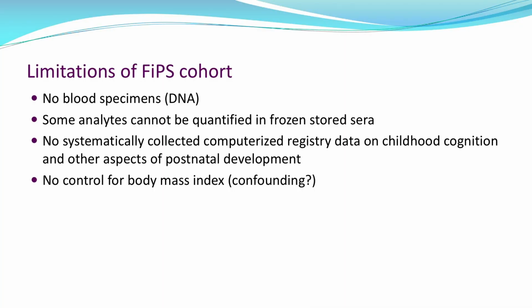So the FIPS cohort is not a perfect cohort. We don't have blood specimens, so we can't look at DNA. There are some analytes, as I mentioned; we have had difficulty looking at cytokines in the frozen stored sera, but there are many things we can measure. For all the environmental toxins, we've gotten very high recovery rates. As I mentioned to you, antibodies can be well measured, CRP and hormones, and we've looked as well, as I told you.